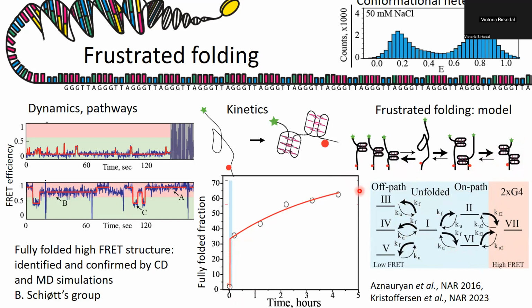But we found that we can extract some of these rates in this model from our time traces, and then putting them inside the model, we get a nice agreement with our data. So this shows that there is, in this case, frustrated folding of these sequences that have many repeated sequences again and again. Okay.